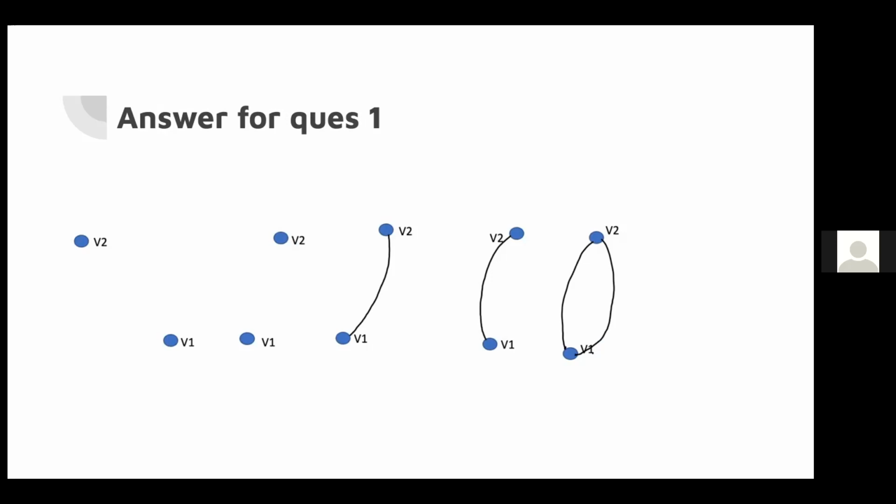The second subgraph is V1 by itself. The third is V1 and V2. The fourth is V1 and V2 connected by the right edge, which I think is E1. The fifth is V1 and V2 connected by the left edge, which I think is E2. And the last one is the complete graph itself, which is a subgraph.